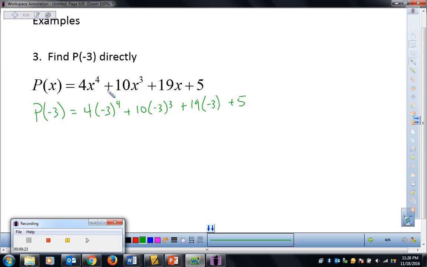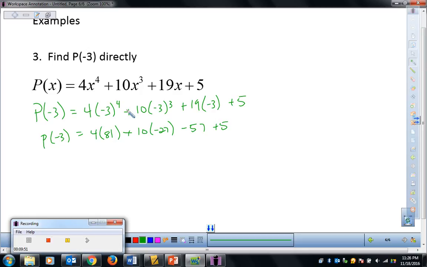Just like before, when we get bigger exponents, this can take a little bit of time. So p of negative 3 equals 4 times 81, plus 10 times negative 27, plus 19 times negative 3, which is negative 57, plus 5.